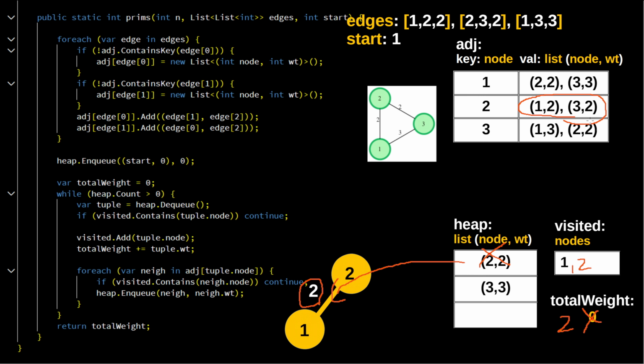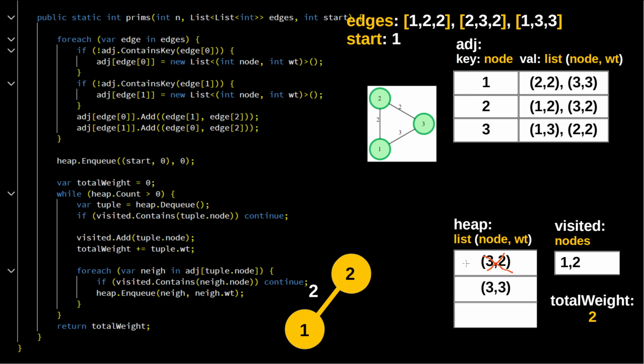So as you can see, the possibilities are 1, 2, and 3, 2. Now 1 is already in the visited set, so I would not put that in the heap. 3, 2 on the other hand, because 3 is not in the visited set, I would add 3, 2 into the heap.